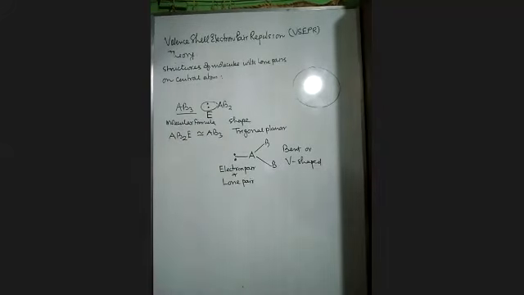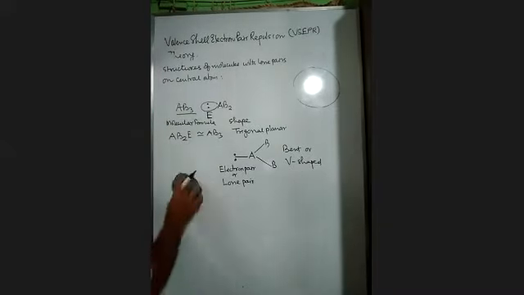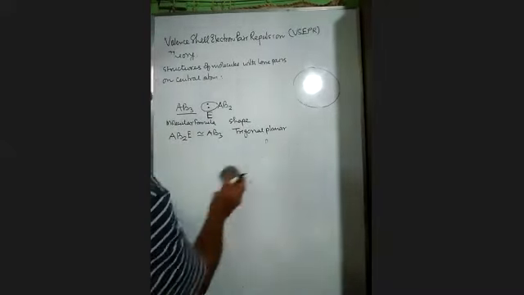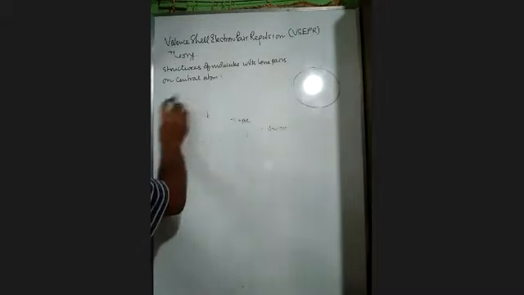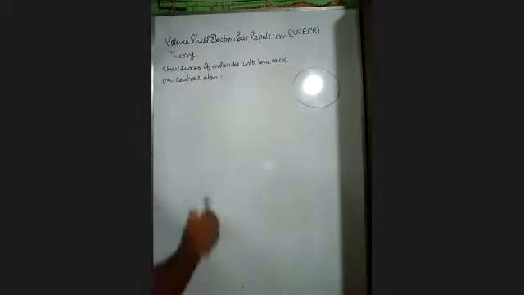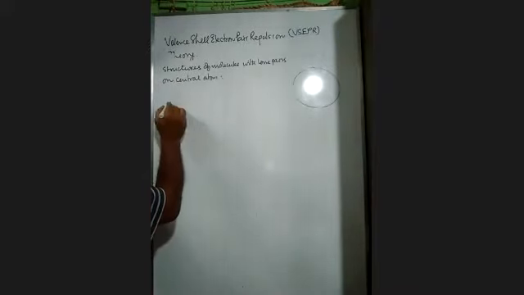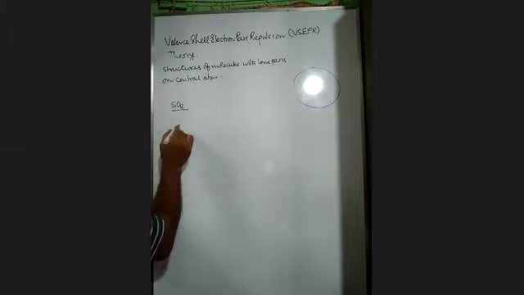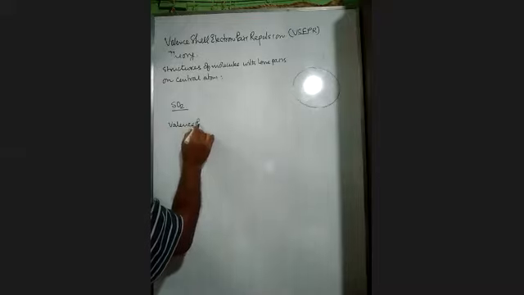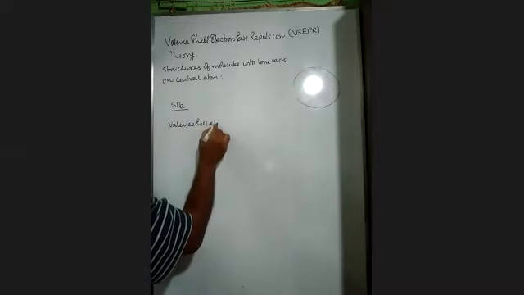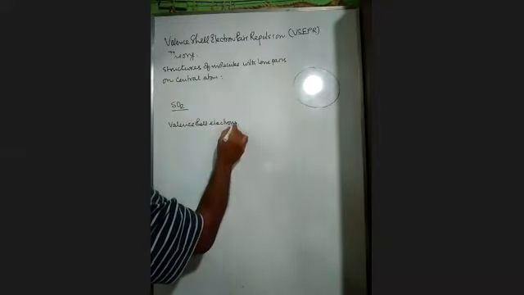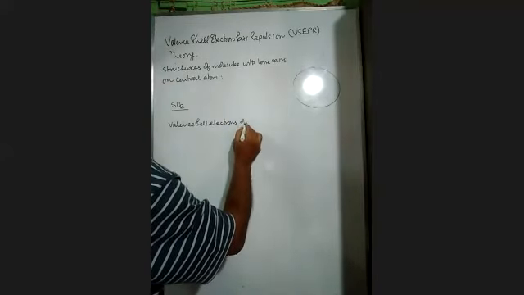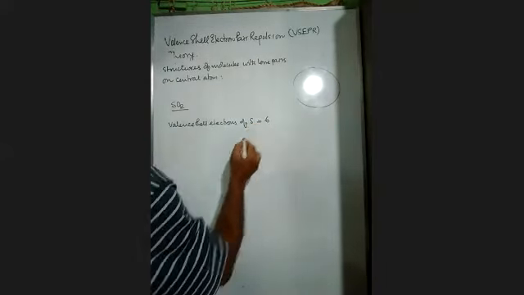Try to understand a little carefully. Example I'll do. Example is sulfur dioxide. So what is the valence shell electron? Now we know valence shell electrons of sulfur is 6.